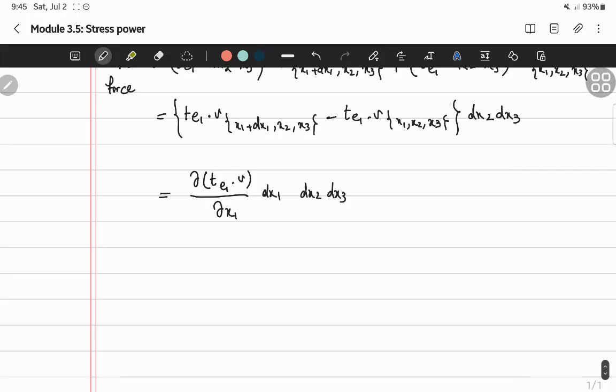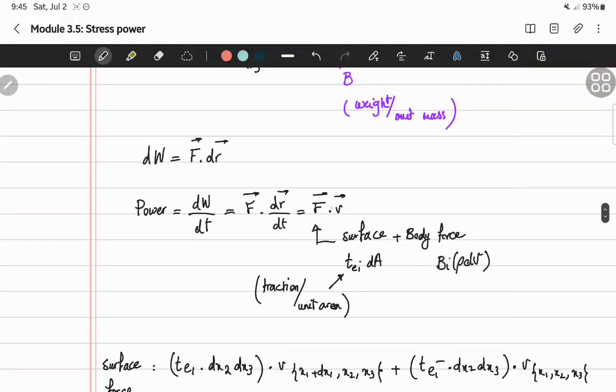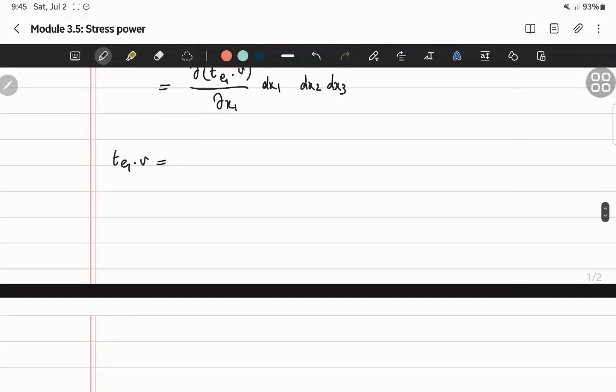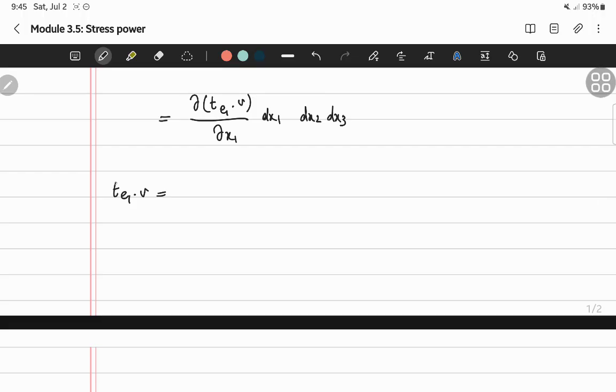All right, so now let's find what this TE1 dot v is. This TE1 dot v is a scalar value, because it represents this F dot v. So instead of TE1, I write capital T, then v, and I'm going to get a scalar value here. So I can write this as e1 dot T transpose v. And this v, as I already told you, is going to be vj ej.